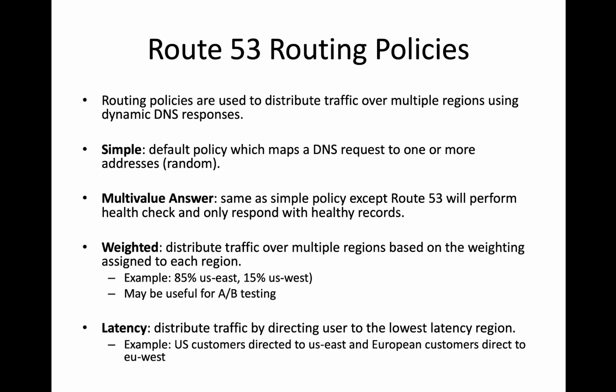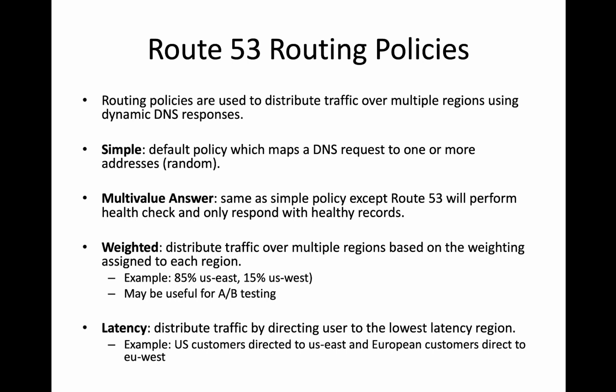Those EC2 instances could be set up in multiple availability zones. But the question is, how do we distribute requests across multiple regions? We can use Elastic Load Balancers to distribute requests within a particular region.